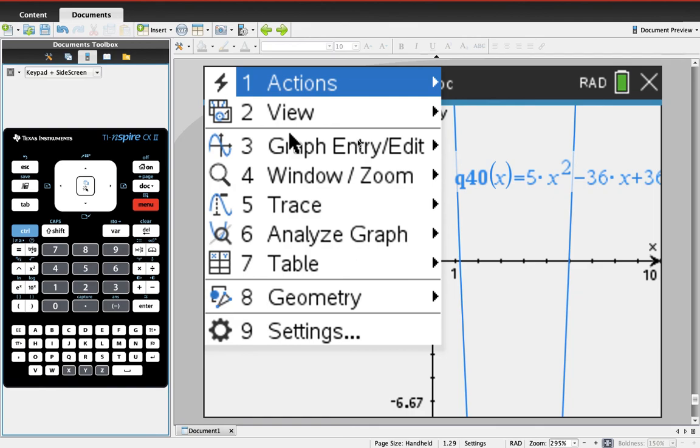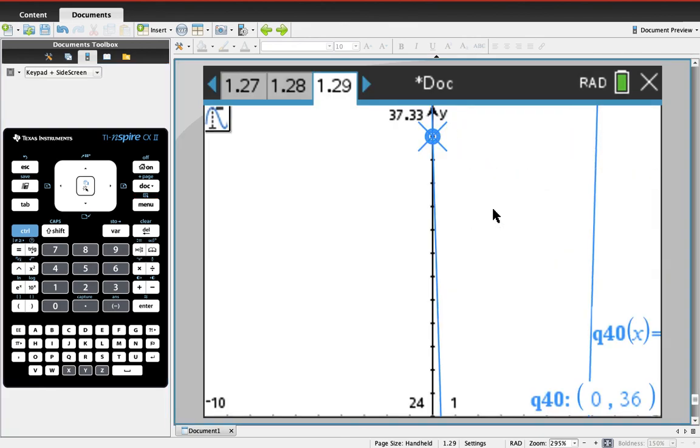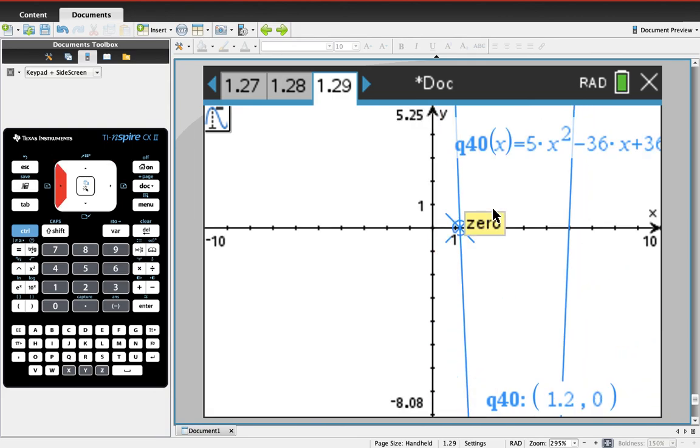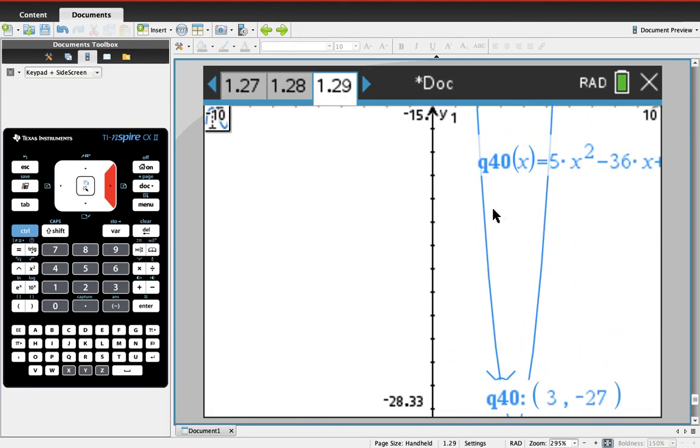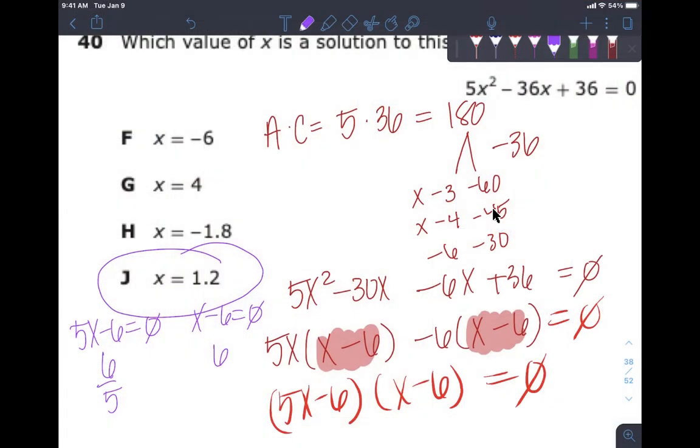I'll go ahead and do my graph trace. And it's going to start way up there. There's a 0, 1.2, and my other 0 at positive 6. Same exact thing that we got earlier. So we got this. Okay? Lots of different ways. Remember that. You can always verify your work.